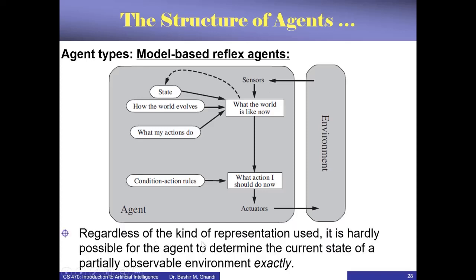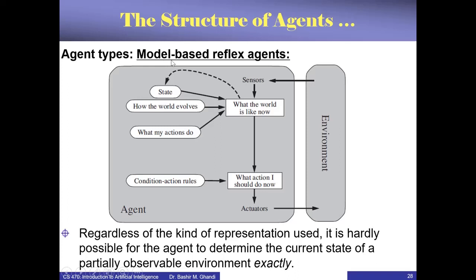Now, regardless of the kind of representation used, it is hardly possible for the agent to determine the current state of a partially observable environment exactly. And these are just estimates of what the world is right now. To really have full knowledge, an agent has to keep all the past history.